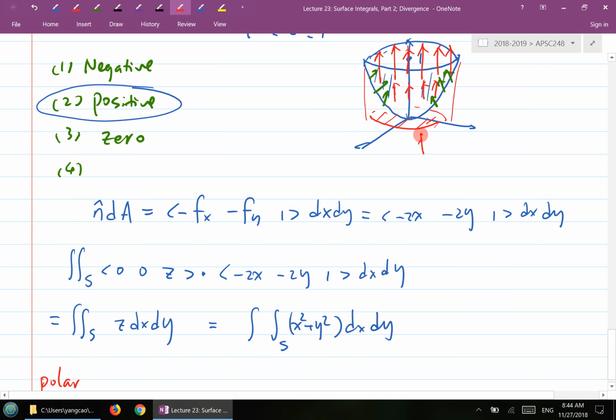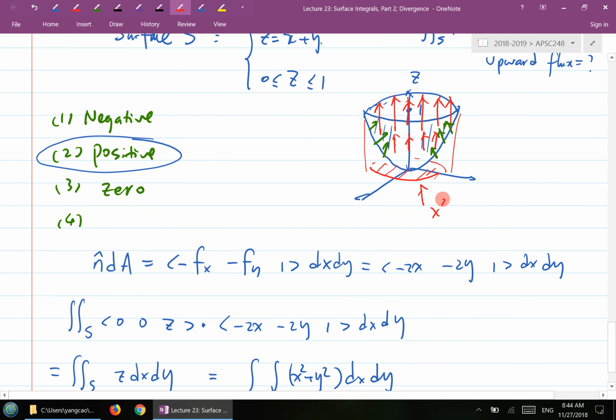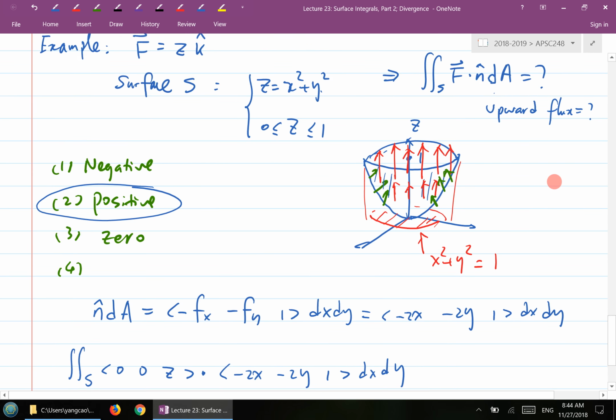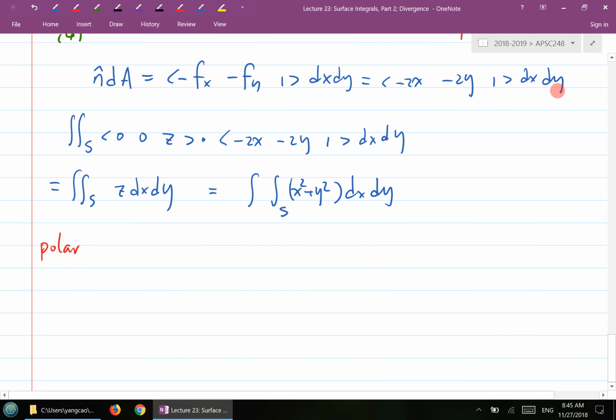And what will be the circle equation then? X squared plus y squared equal to 1, because the top surface here is cut by z equal to 1. So when you plug 1 in, you get the top curve, x squared plus y squared equal 1. So use polar.